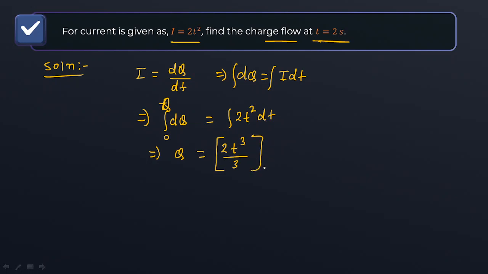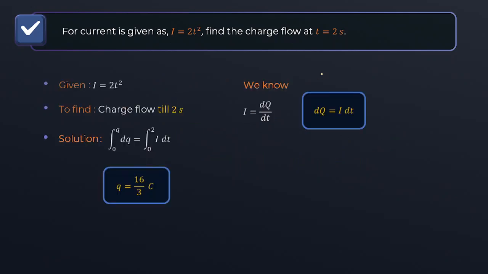So this will be equal to 2 into 2 to the power 3 divided by 3. So it will be 16 by 3 coulomb. Simple, easy, right? Clear to everyone? So the answer is 16 by 3 coulomb.